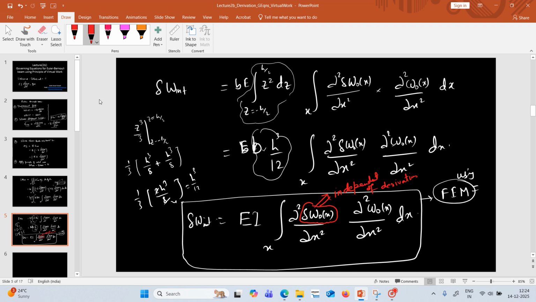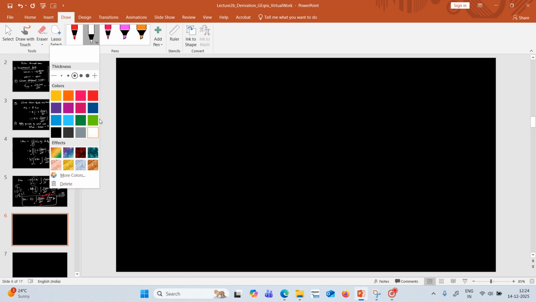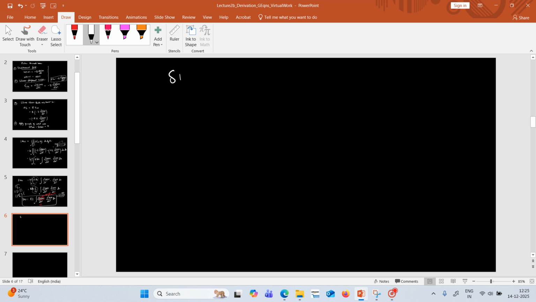So we will apply the UV rule of integration by parts. Let us write again delta work internal: EI is outside, del 2 delta w naught of x by del x square into del 2 w naught of x by del x square dx.